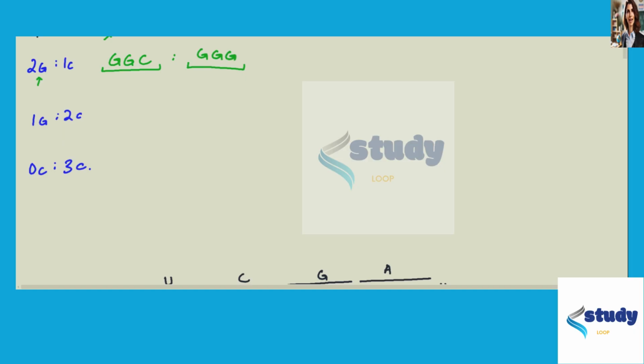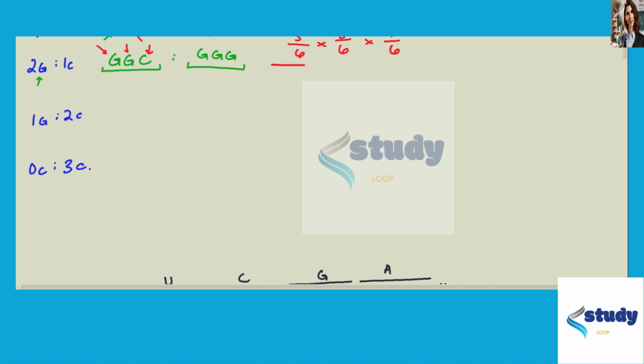So the chance in this solution of coding just for a guanine is going to be 5 out of 6, because pulling 6 times from the solution, 1 time you're likely to get a cytosine, whereas 5 times you're likely to pull the guanine. Again, for the second guanine, you have a 5 out of 6 chance. Whereas for the last nucleotide, the cytosine, you have a 1 out of 6 chance, or probability.